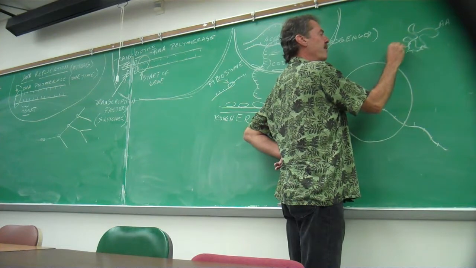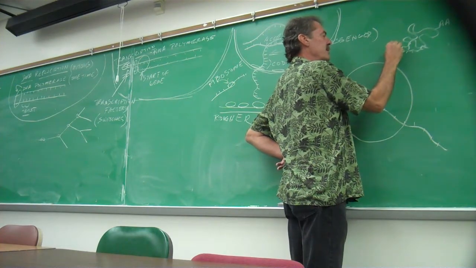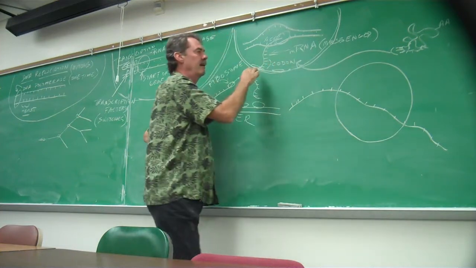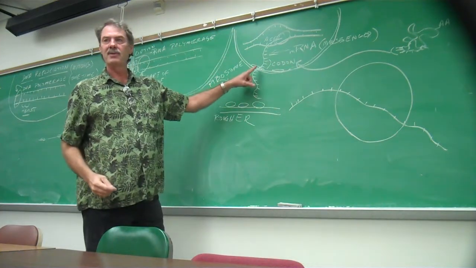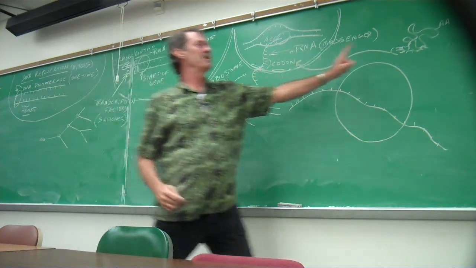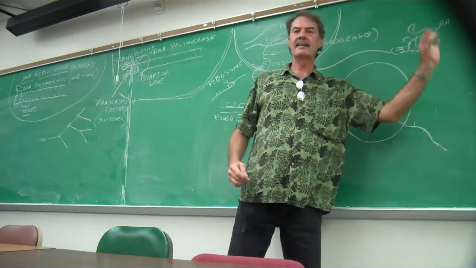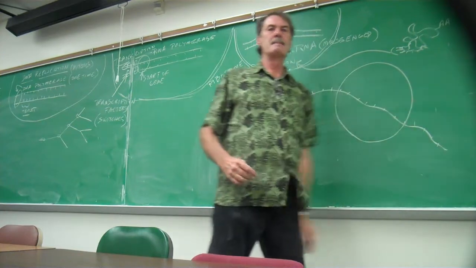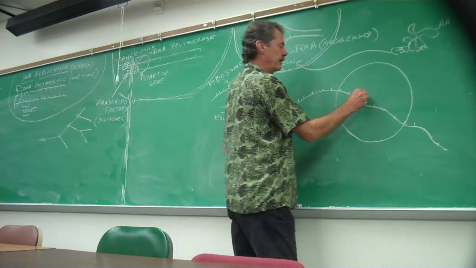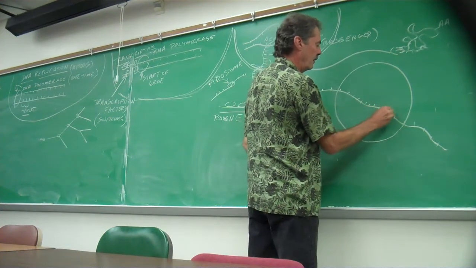Okay? And the three here, these are the bases right here that have to match the codon on the messenger RNA. So that's why the codon specifies which amino acid is going to get put on next in the chain. Okay? So it's the three bases of the transfer RNA matching the three bases on the messenger RNA right here that establish what amino acid gets kicked off.